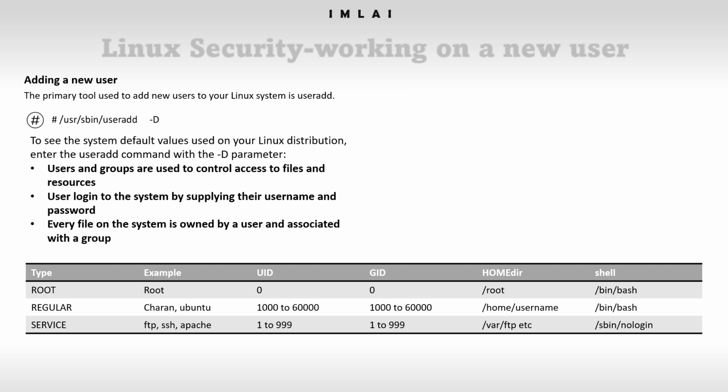The user's password is stored in encrypted form in /etc/shadow, which we also saw a while ago. Users are assigned a home directory and a program that is run when they log in, usually a shell. Users cannot read, write, or execute each other's files without permission.